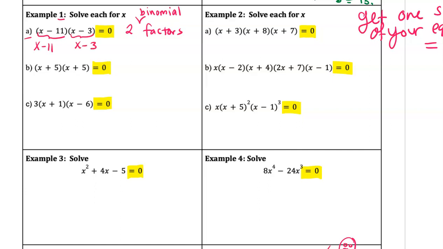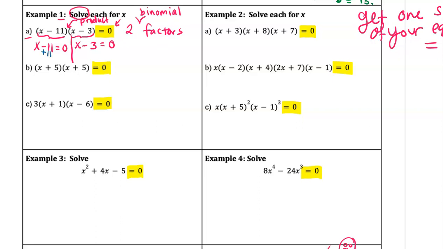My second factor is x minus 3. Notice that they're being multiplied together, so that's my product. And that product is 0, so that's my zero product. I have a product equaling 0, so that means either my first factor is 0 or my second factor is 0. If either one of them is 0, it would be a solution to the equation, because basically what I'm trying to do is solve.